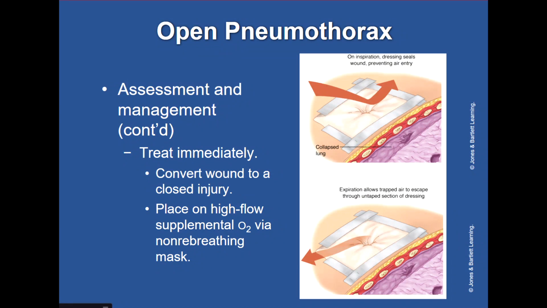Well, just like I said, we're going to throw our gloved hand over it just to cover it while our partners get an occlusive dressing, and we're going to tape that dressing down. So we talk about taping it down on 3 sides. What we're really doing is we're taping it down enough to not allow it to suck any air in.